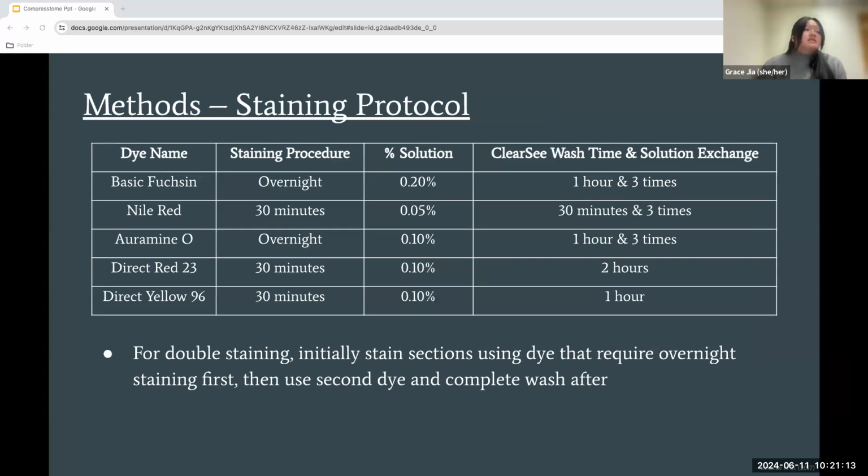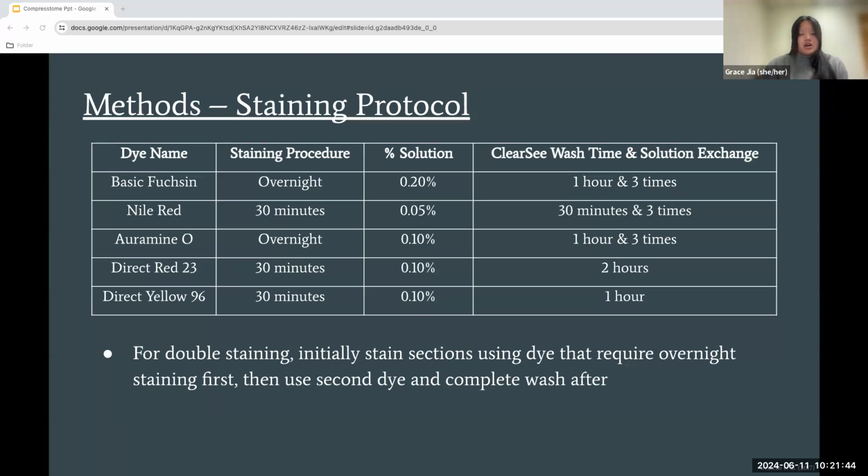So depending on what stain you are using, whether it's basic fuchsin, Nile red, Auramine O, Direct Red 23, or Direct Yellow 96, there are different staining procedures. For basic fuchsin and Auramine O, you will have to stain overnight in order to see the dye results, as opposed to Nile red and Direct Yellow, which only need a 30-minute span of time to be submerged in the ClearSee and dye solution.